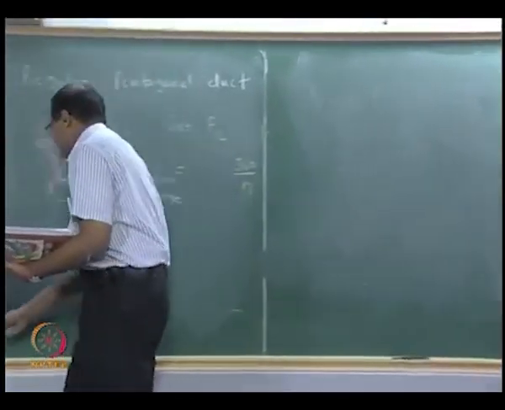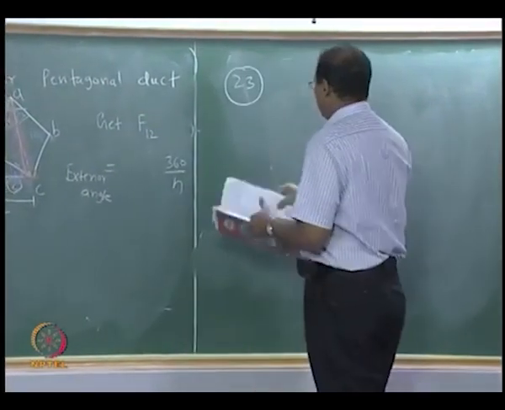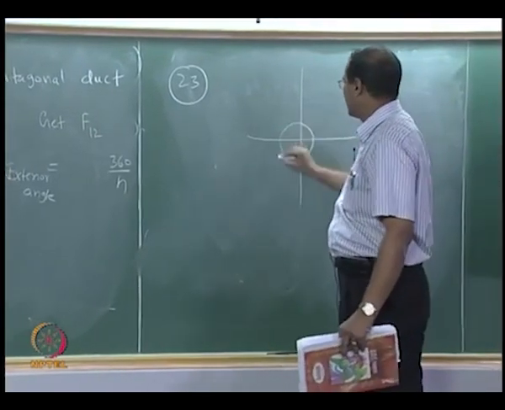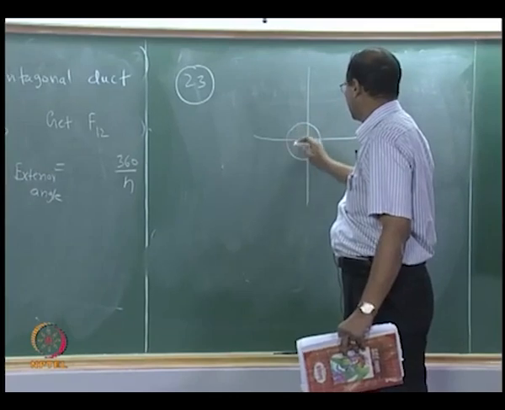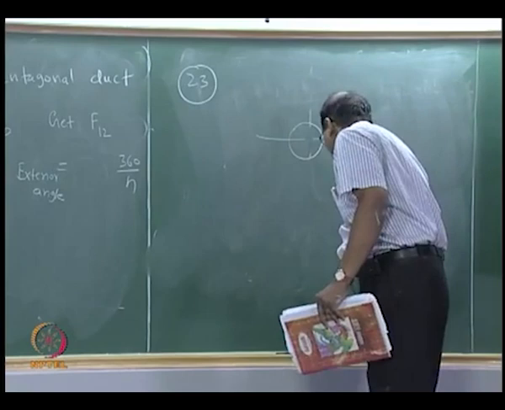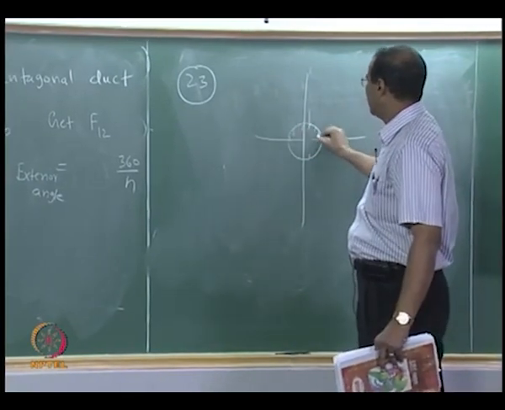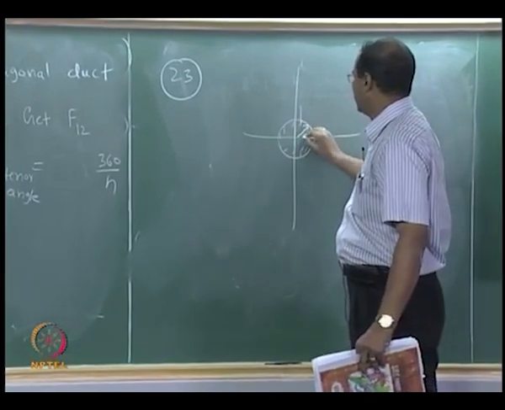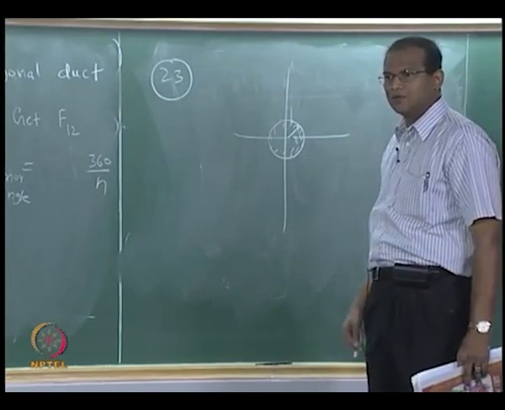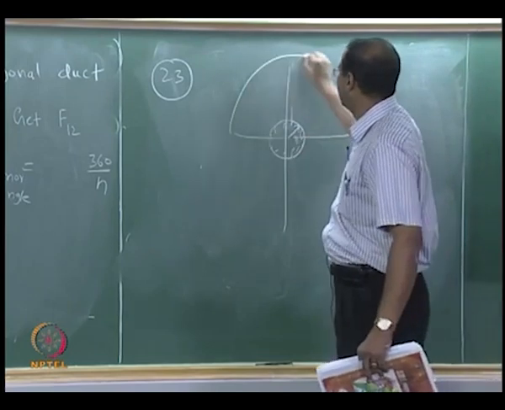Let us consider another situation. So there is a circular duct. Do not worry about the radiation activity inside. It is R1. Okay. Now it is closed by another concentric cylinder, but unfortunately the other one is only half.